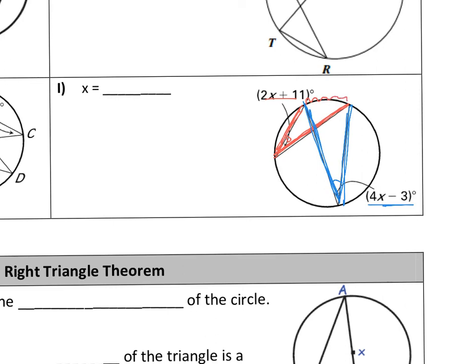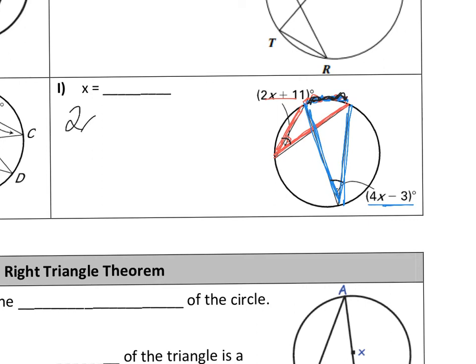So the red opens up to this intercepted arc, and the blue angle opens up to the same intercepted arc. Now, I don't know how big that arc is, but whatever it is, these inscribed angles must have the same measure because they're opening up to the same exact intercepted arc.